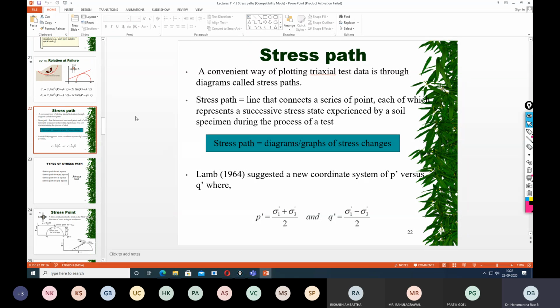And you have also understood this from your effective stress analysis. The effective stress implication is, when the groundwater table is lowered, the effective stress increases. This is what you read in your soil mechanics.